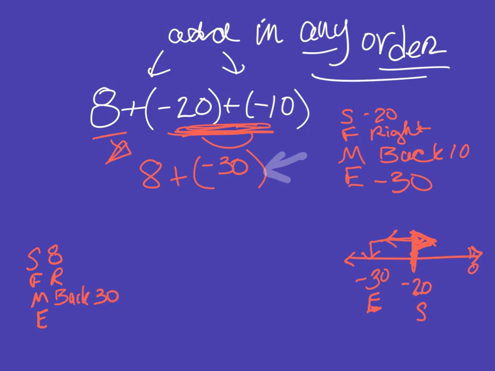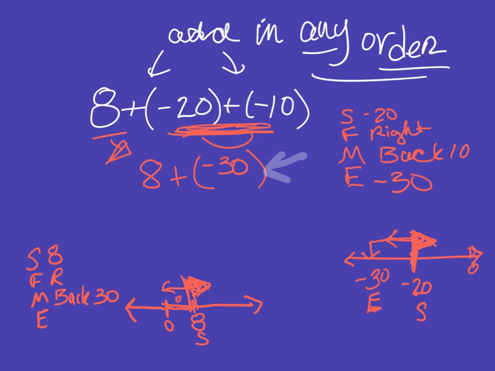So if I have my number line, here it is. I'm going to start at 8. I'm going to face to the right. I'm going to go back 30. So that means I'm going away from the place I'm facing. I'm actually going to make this a little bit longer. Okay, I'm moving back 30, so I have to pass by 0.